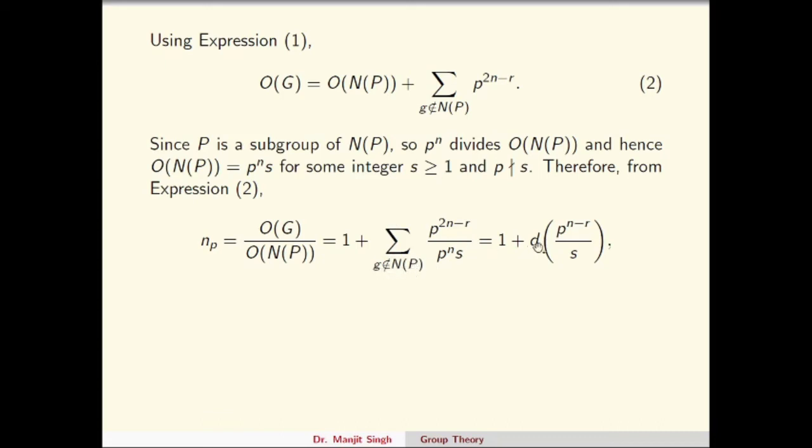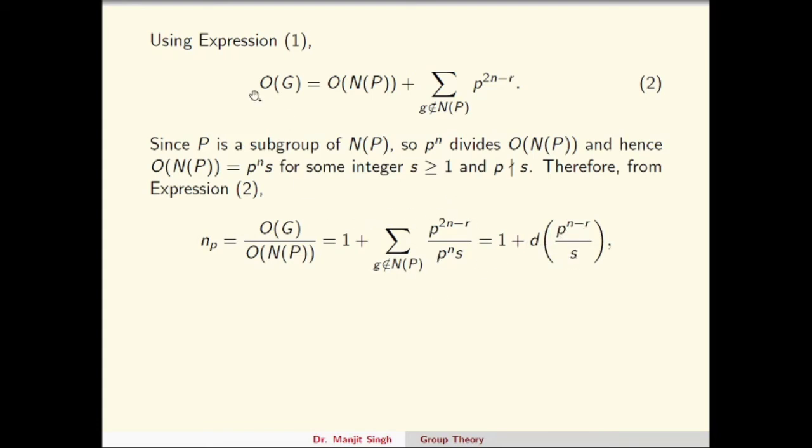So let D be the number of such elements. So if there are D such elements, then this summation can be written as D times P^(n−r) divided by S from here.